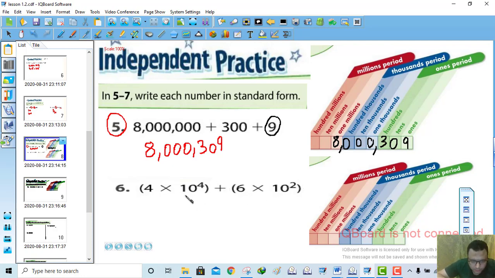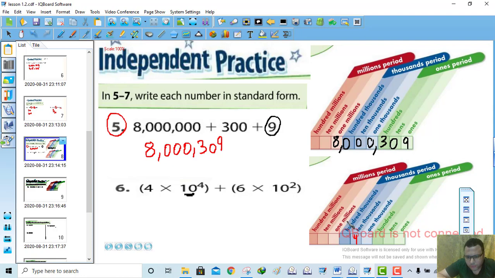The same for this one. 10 to the power of 4. This is place value. This place value means 4 zeros or 4 places. So 1, 2, 3, 4. So this is the 10,000 place. So I will write 4 in the 10,000 place. Then 10 to the power of 2 means 2 zeros before, so 2 digits. So this place is the hundreds place, because 6 multiplied by 10 power of 2 means 6 multiplied by 100 means 600.